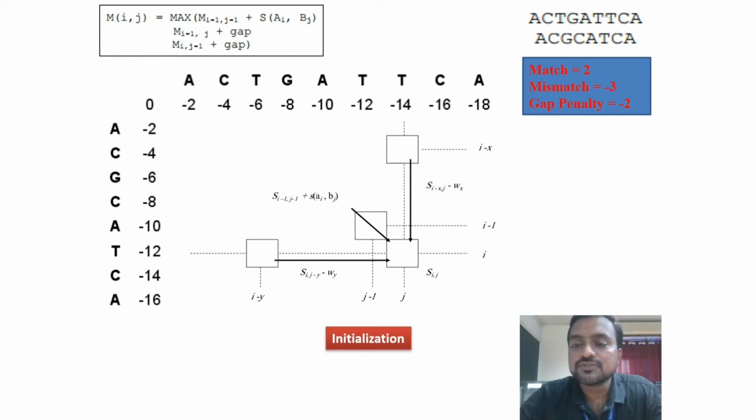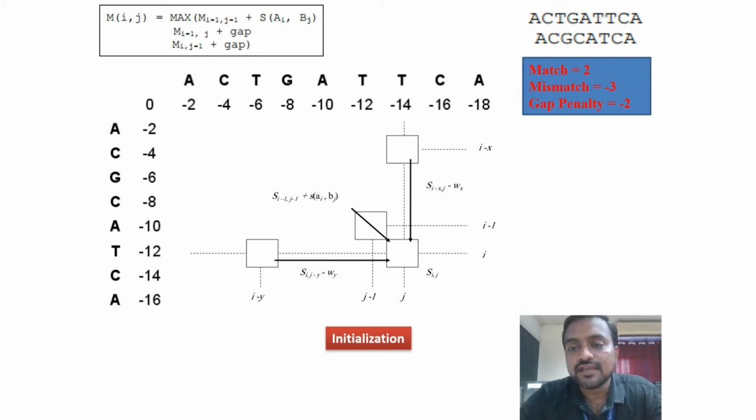And if that happens to be a mismatch, say for example A being aligned with C, here we can make use of -3 as the mismatch score. Likewise, if there is a gap, then we will make use of -2.